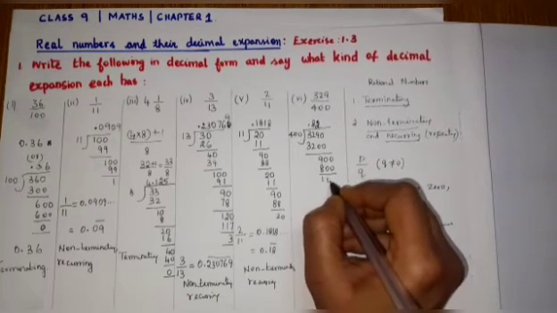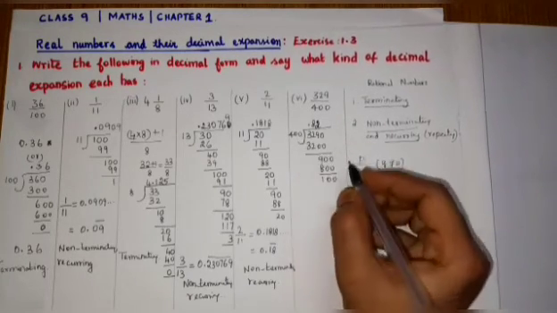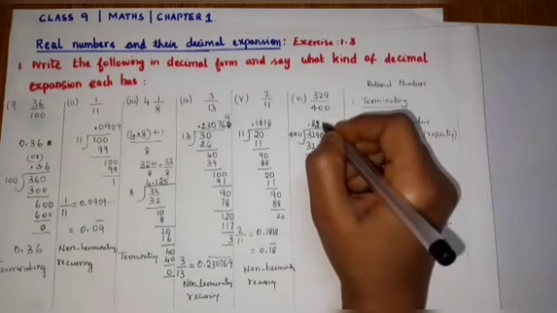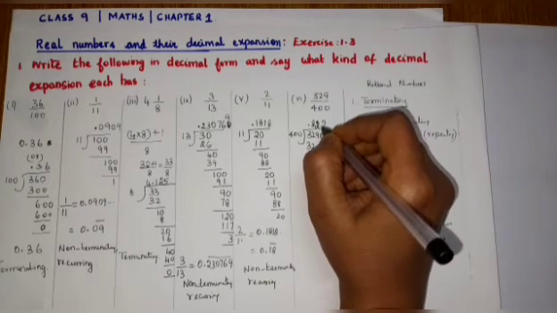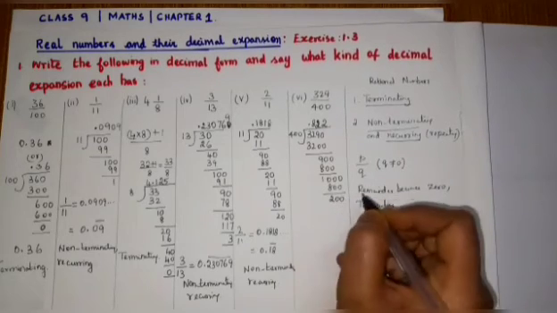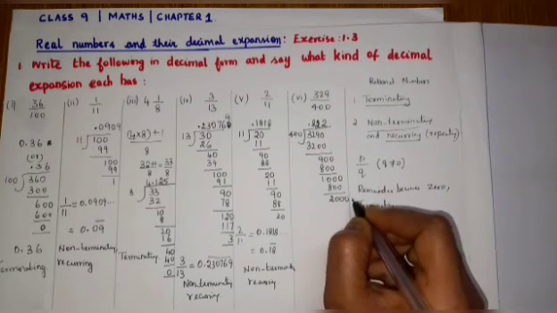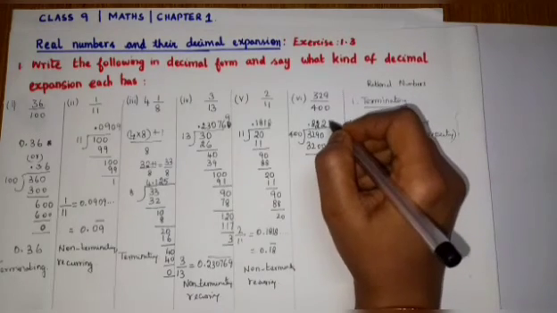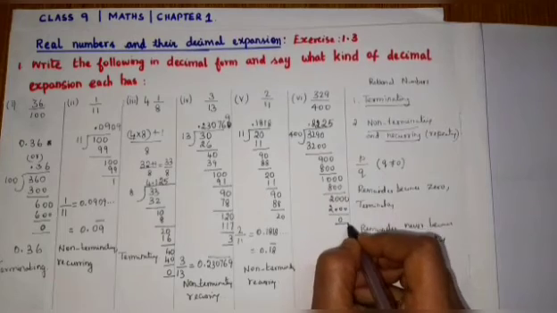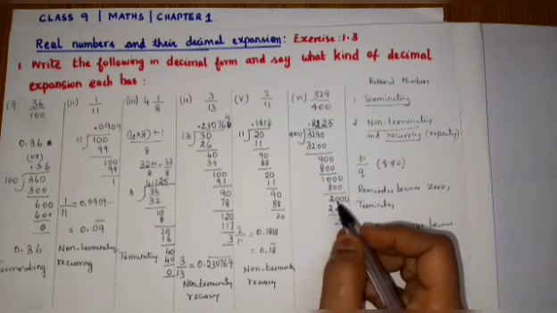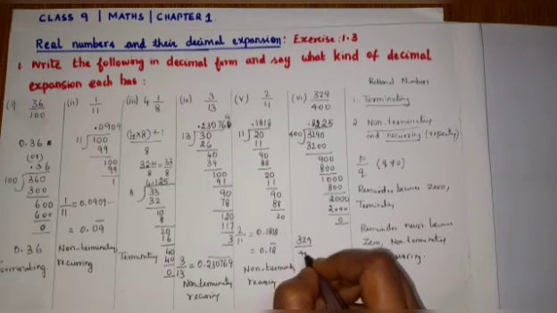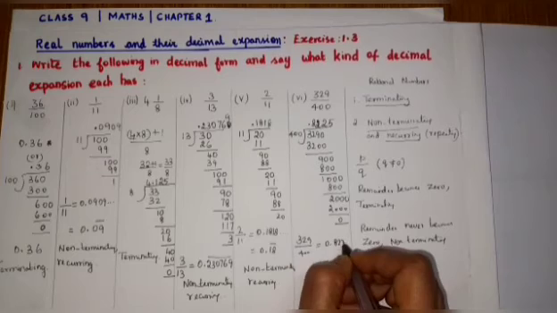Again 100. 100 is less than 400, therefore add 0 to the right of the number. Now 2 400s are 800. Again 200. You add 0 to the right of the number. 5 400s are 2000. So the remainder is 0. If the remainder is 0, the number is said to be terminating. Therefore 329 by 400 is equal to 0.8225.